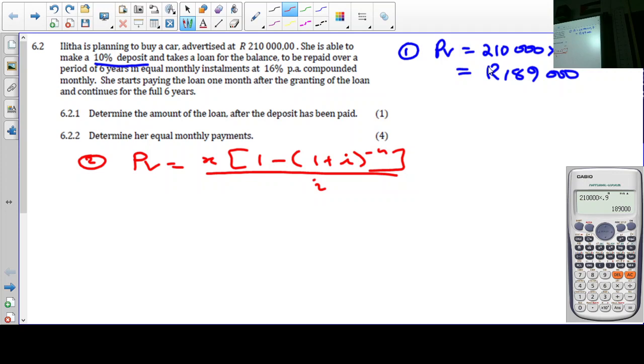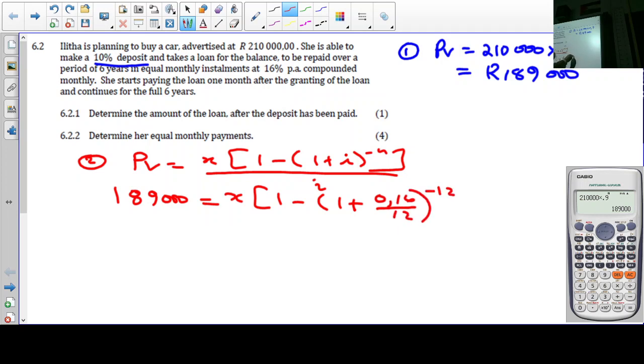So your PV, the loan amount, is 189,000 equals, we're calculating X, so that is your unknown, 1 minus 1 plus I, which is 16%, so 0.16 over 12, because that's monthly, the exponent negative 12 times 6 years. Okay, and this is all over I, which is 0.16 over 12.